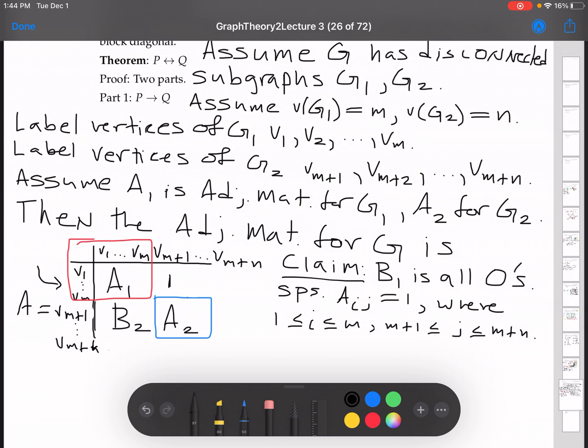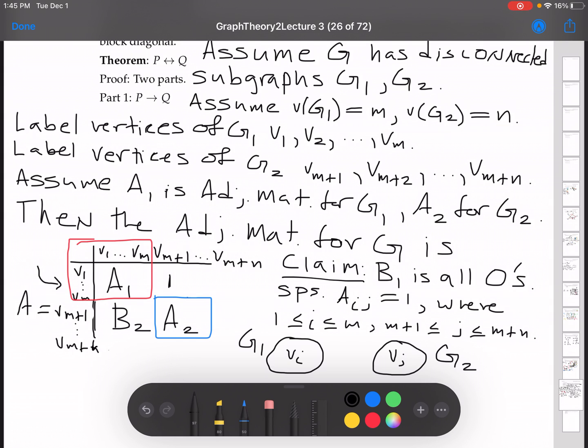Well, we assumed that G1 and G2 were disconnected. So i being between 1 and m means that Vi is a vertex in G1. And j being between m plus 1 and m plus n means that Vj is a vertex in G2.